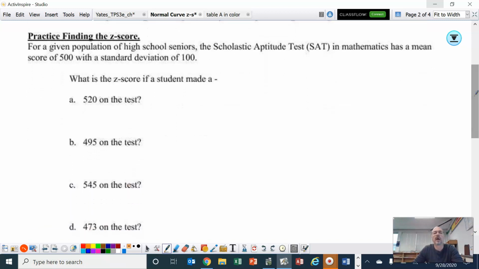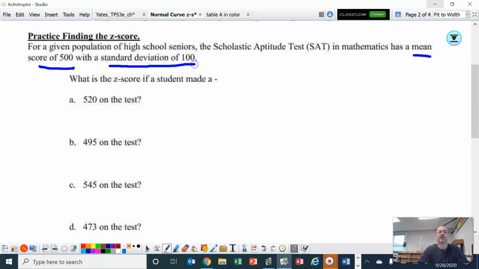For a given population of high school seniors, the Scholastic Aptitude Test, SAT, in mathematics has a mean of 500. So it's telling us the mean is 500 with a standard deviation of 100. What is the z-score if a student made a 520 on the test? We need to go z equals the 520, ladies and gentlemen, that is your x.